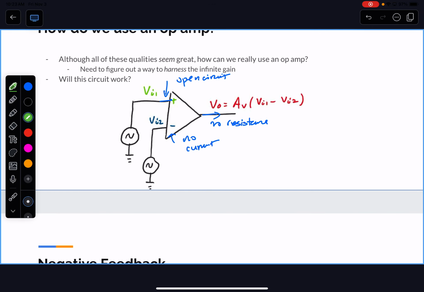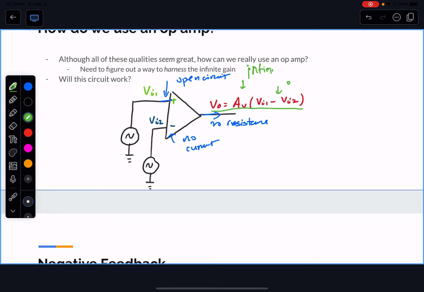If we reflect back to a couple slides ago, we talked about the output equaling your gain multiplied by the difference between your terminals, right? We say that your terminals have to be equal to each other, because if this is 0, then for this to make up for the difference, you have to have infinite gain.